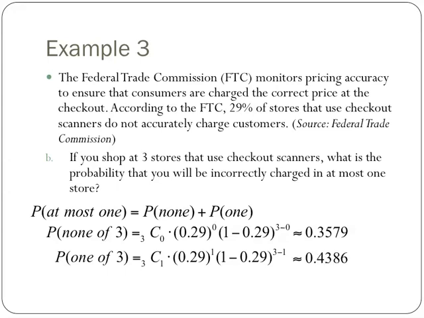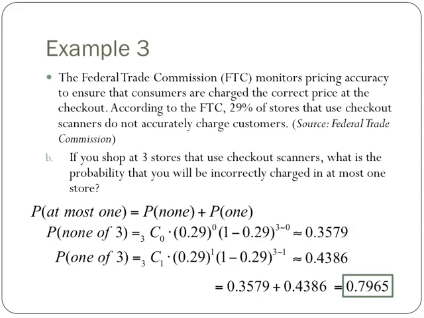That comes out to be about 0.4386. And then adding those together, we end up with 0.7965. So the probability that you are incorrectly charged in at most 1 store is going to be about a 79.65% chance.